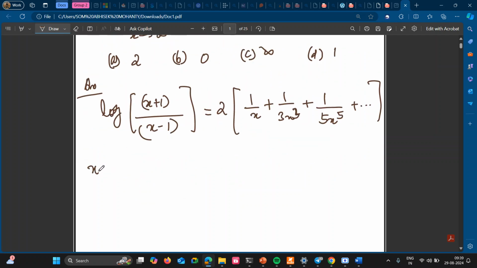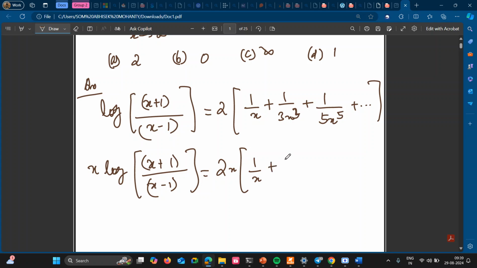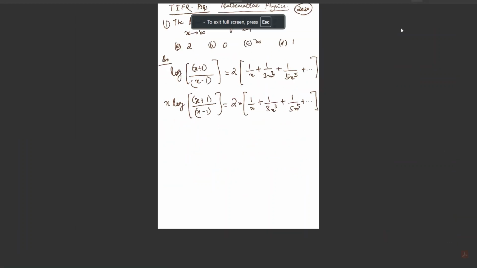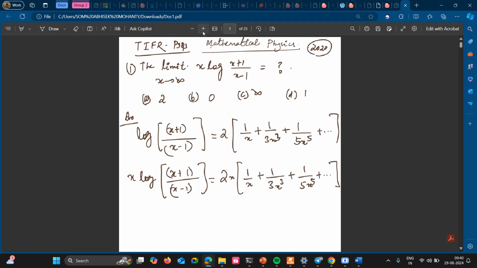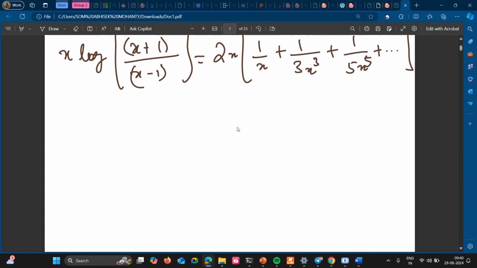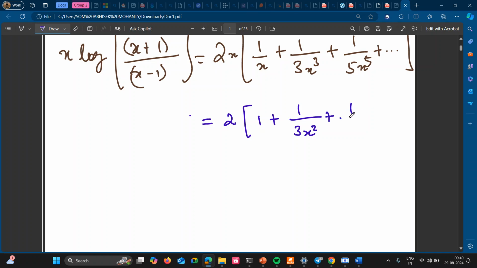If you multiply by x, x log((x plus 1) by (x minus 1)) becomes 2 times (1 plus 1 by 3x square plus 1 by 5x to the power 4, and so on). So I will multiply x everywhere.